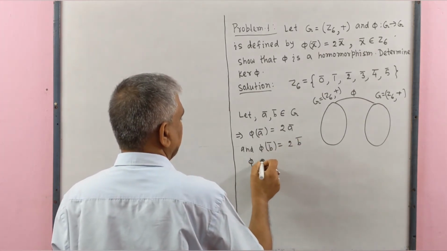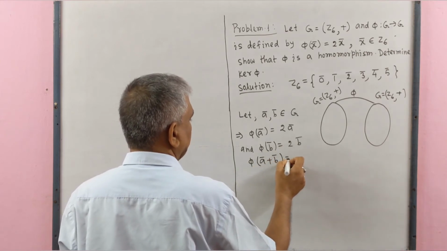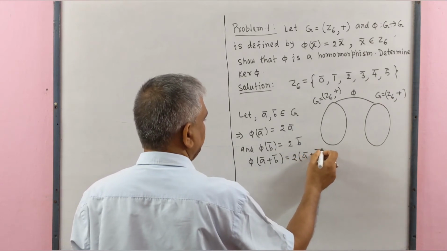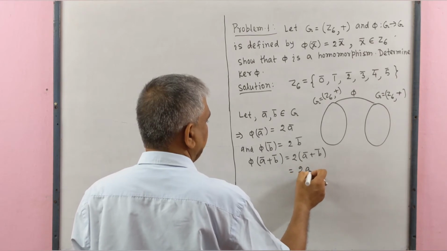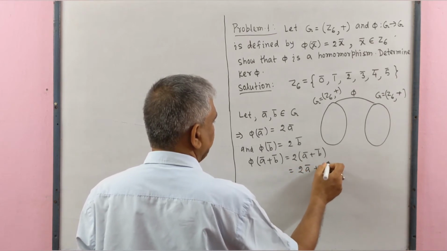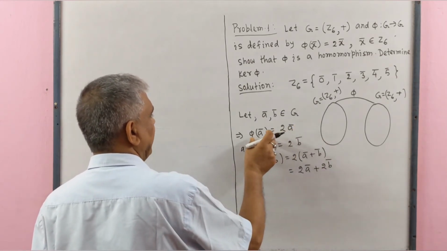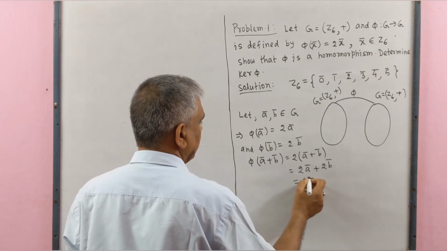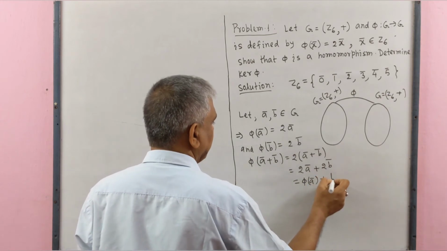Phi of A bar plus B bar equals 2 times A bar plus B bar, which equals 2A bar plus 2B bar. 2A bar is phi A bar, plus 2B bar is phi B bar.